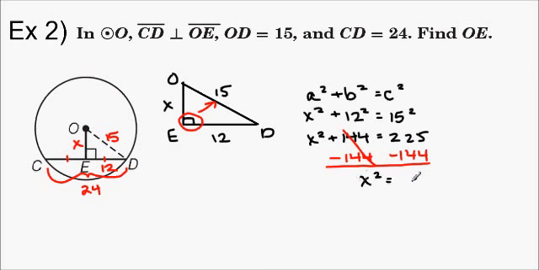And x squared is 81. Now we're going to square root to cancel out the square. And x equals 9. So that means that segment OE is 9. And that wraps up lesson 2.